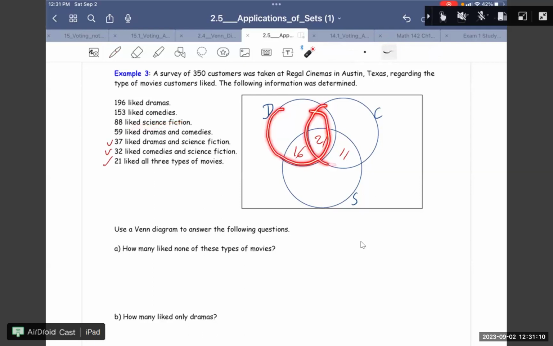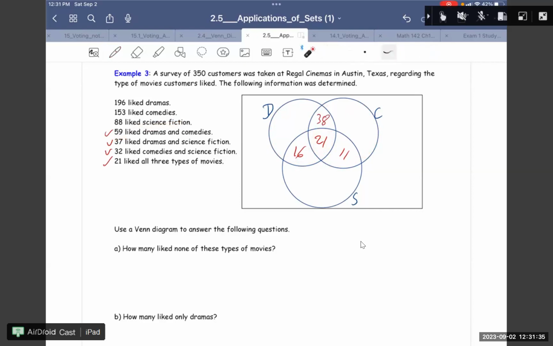So drama and comedy. So we already used 21. So 59 minus 21. So we got 38.